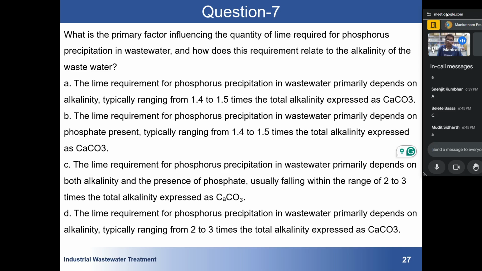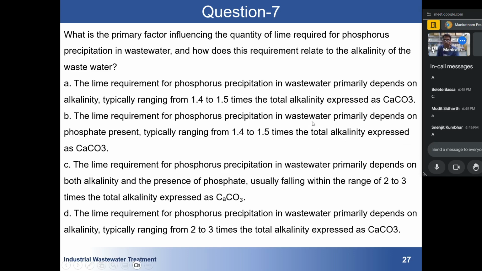Anyone else? Take your time. I will give you 1 to 2 minutes. Does it depend upon both, or just alkalinity, or just the phosphate? We have got one more answer, A. So let's see the answer.